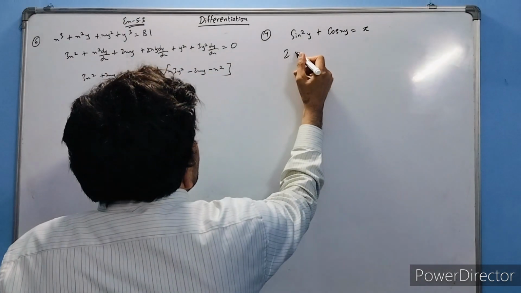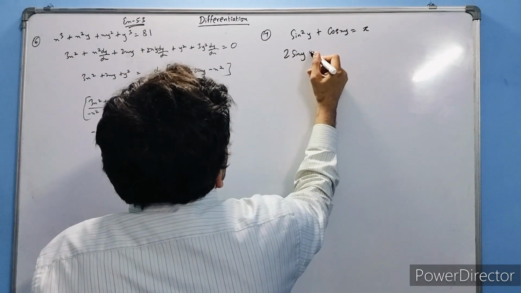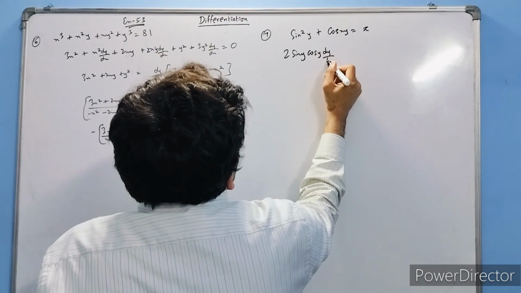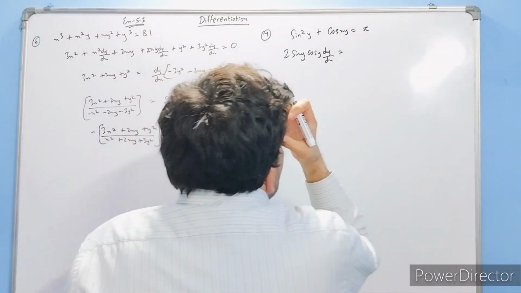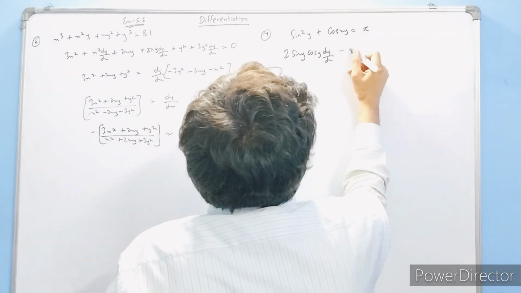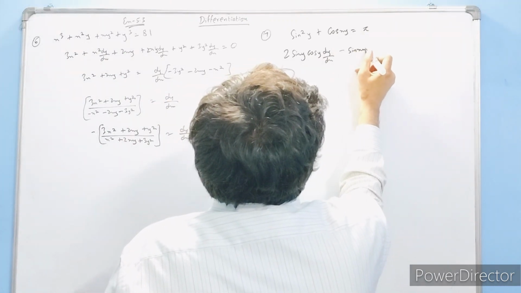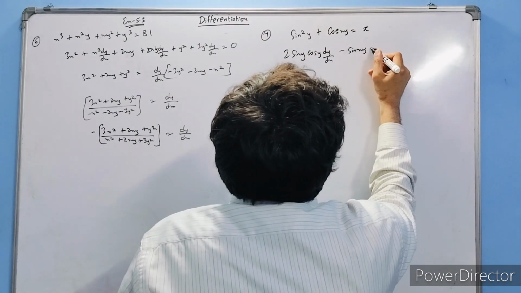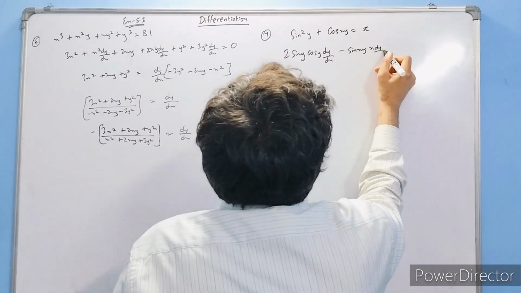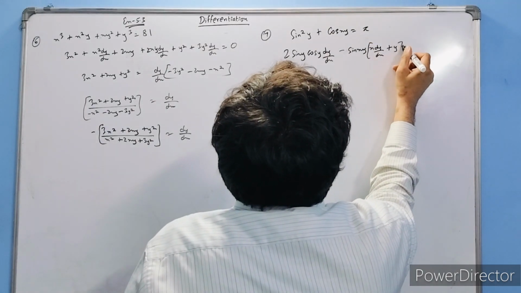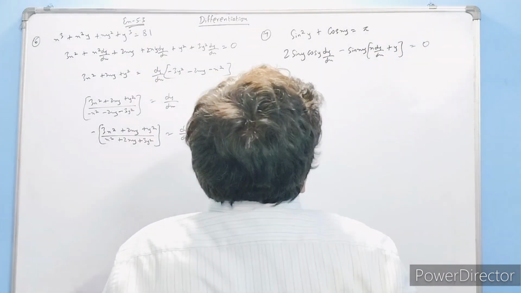If I differentiate it, 2 sin y cos y dy upon dx is equal to, we have cos xy, so we'll have differentiation minus sin xy, and differentiation of that will be x into dy upon dx plus y is equal to 0.